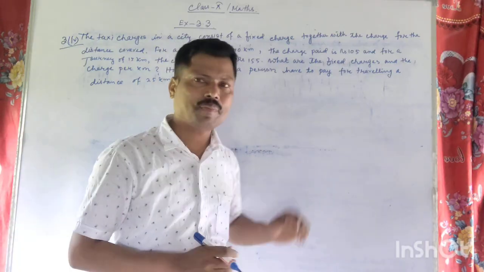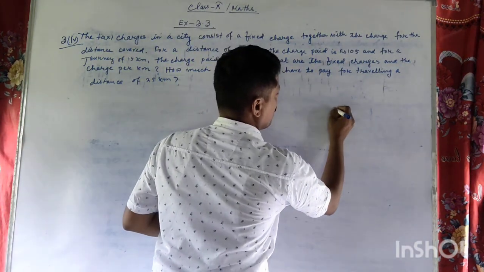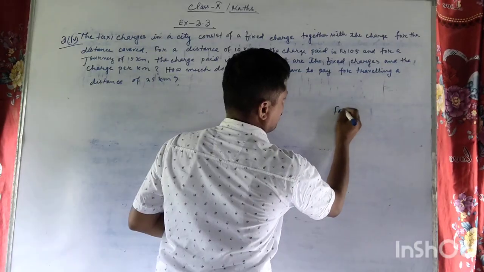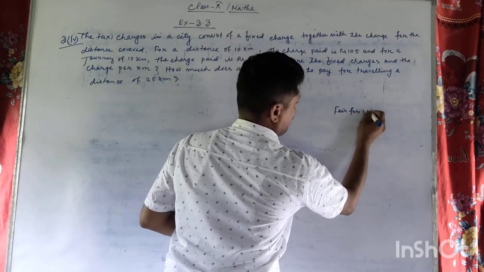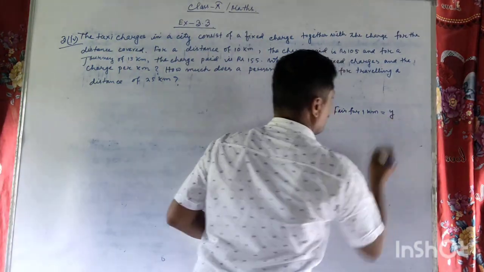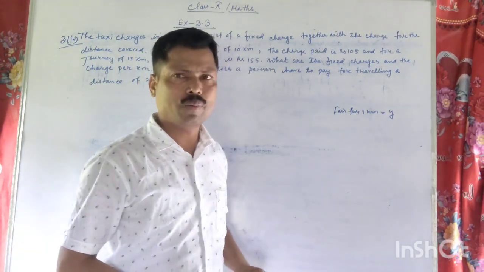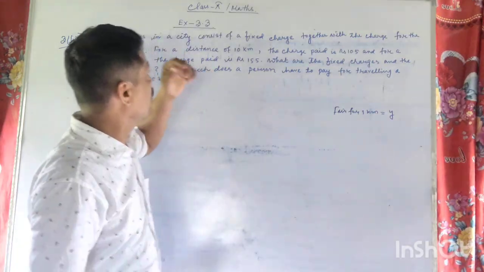So let us see. If 1 kilometer is y, then how many kilometers are there?